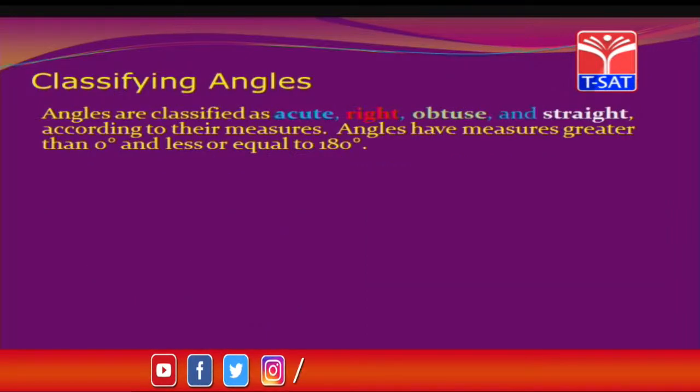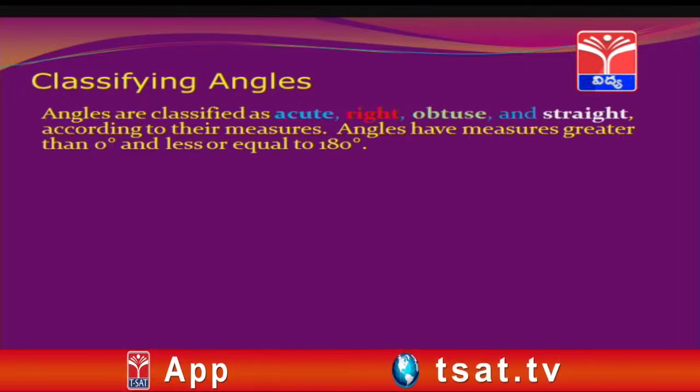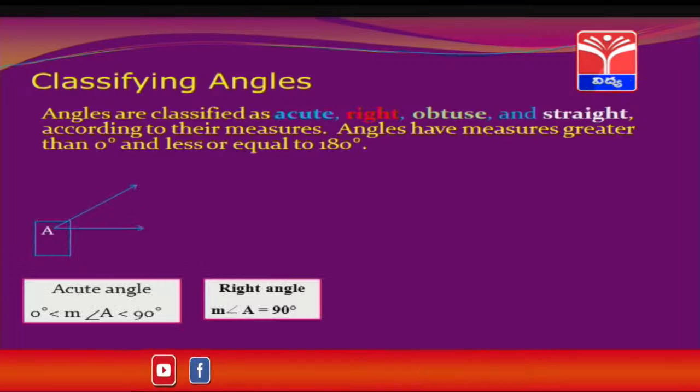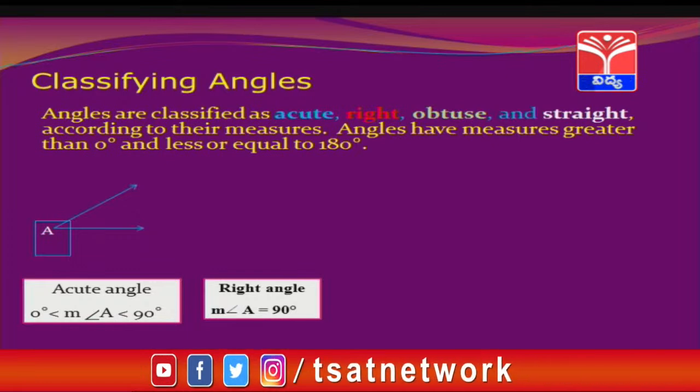So, we can classify the angles, you can recollect different angles: acute angle, right angle, obtuse angle and straight angle. You see the acute angle, which is greater than 0 and less than 90. Okay.